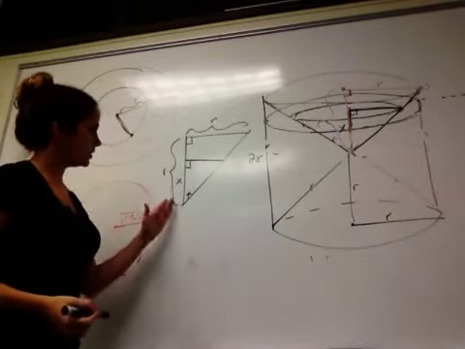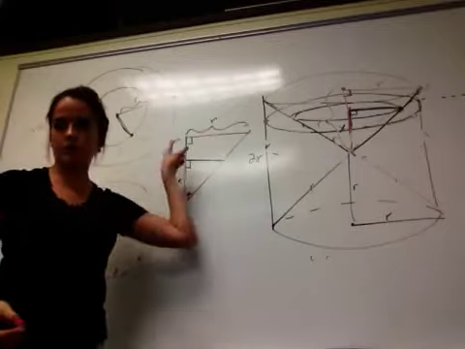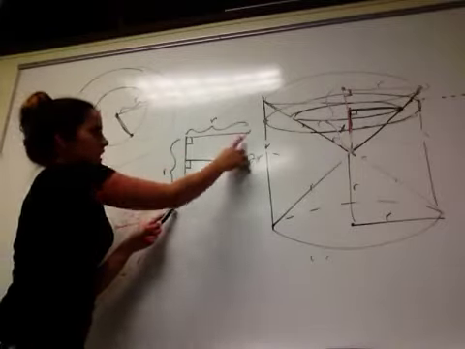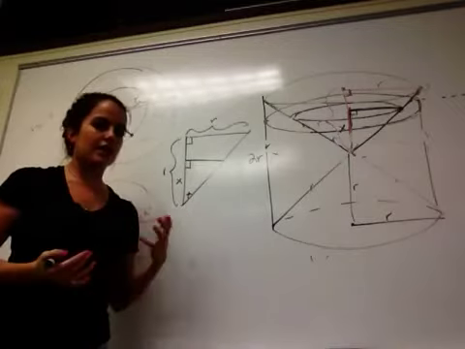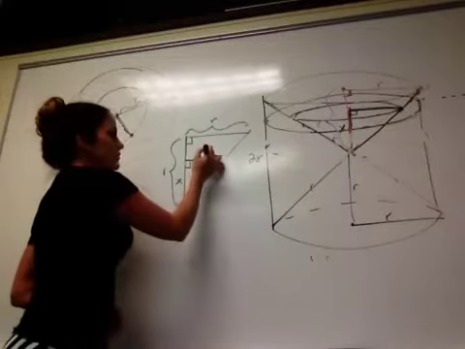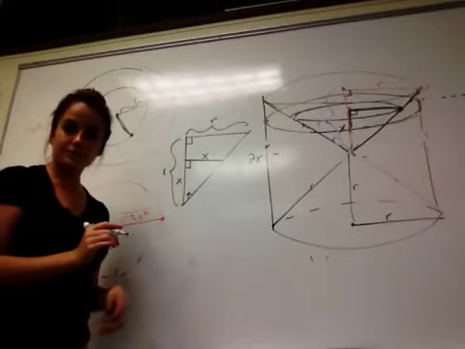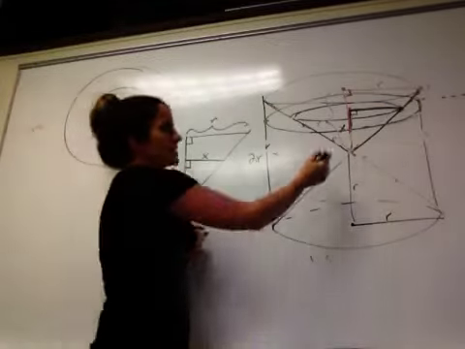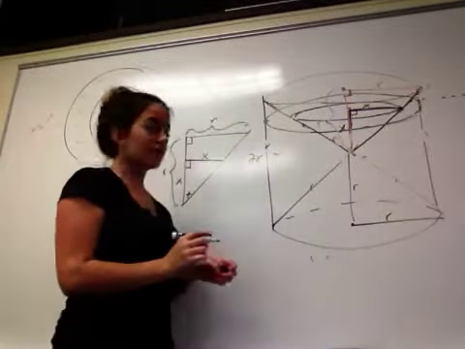Well, the big triangle has one side of r and the other side of r. So what kind of triangle is it? It's isosceles. And so if I'm looking at an isosceles triangle, then a triangle that's similar to the isosceles triangle also has to be isosceles, correct? So this actually has to be x. Okay? So using those similar triangles, we can see that this piece has to be x right there.